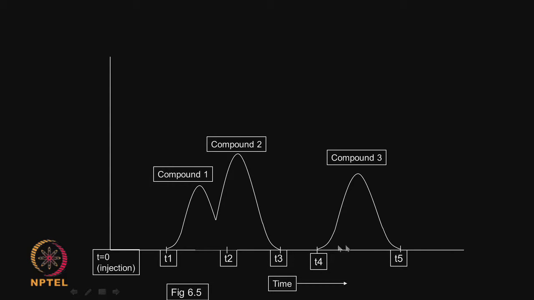That problem is always there, whereas with component 3 there is no contamination from either 1 or 2. So, ideally you would like to have a peak of this shape and size, whereas you would not like to have peaks like this, where two of the peaks are overlapping with each other.